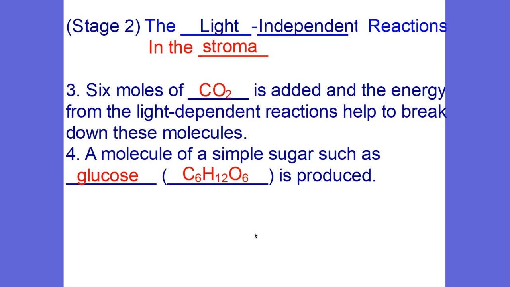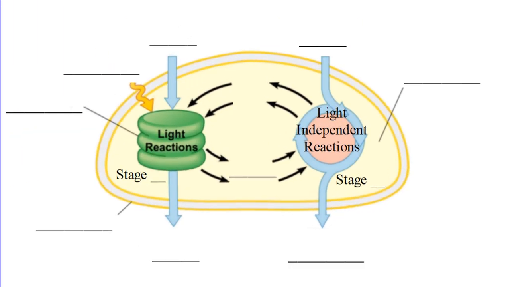The diagram that you're going to want to know, I have these diagrams on MrEaton.com. You're going to want to know how to diagram these out. Stage 1 is the light-dependent reactions, which means that's on the left-hand side. Stage 2 is the light-independent reactions. You can see this is happening inside the thylakoid. And what's happening is light is coming in.